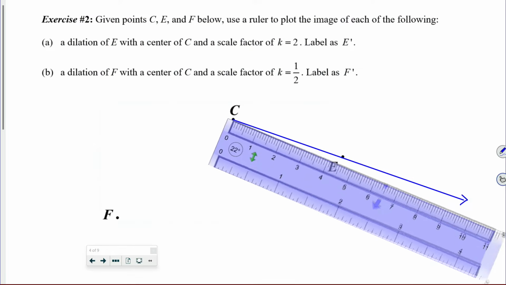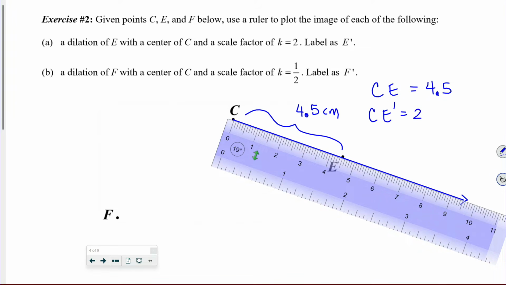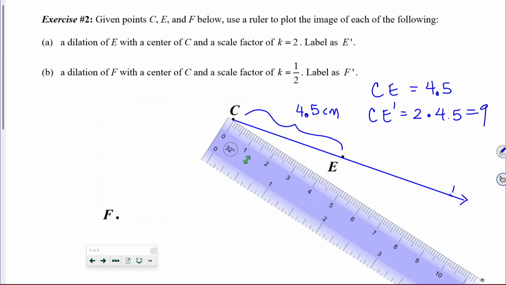Right now, at least based on my ruler, this distance is 4.5 centimeters, which means that since CE is 4.5, CE prime has to be 2 times 4.5, which is 9, which means E prime must lie right there.